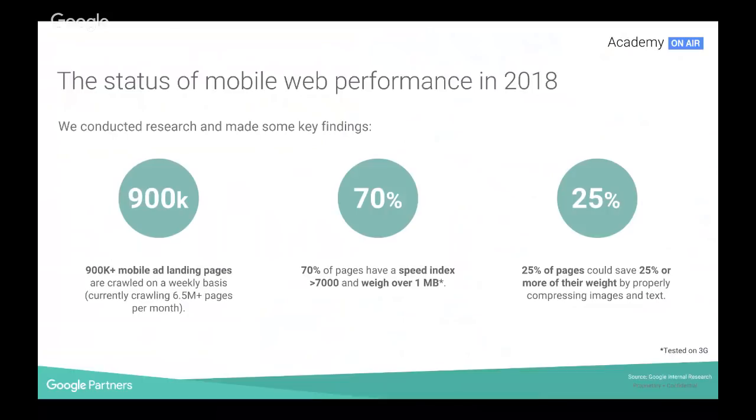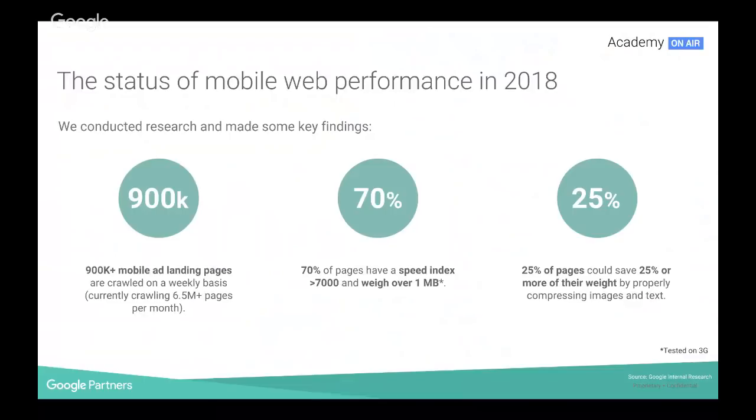Now, moving beyond that, we also did a status of mobile web check, to understand where most advertisers, where most websites currently land when it comes to speed. In a very exhaustive research, we crawled about 900,000 mobile ad landing pages. And we're currently crawling much more than that.